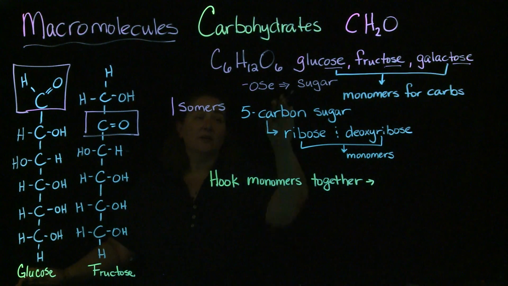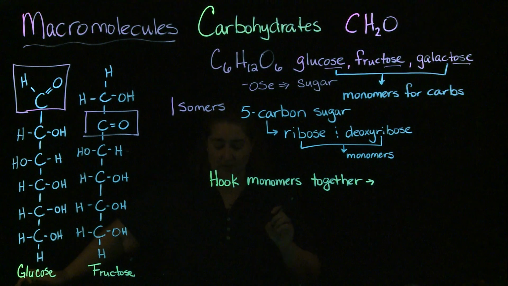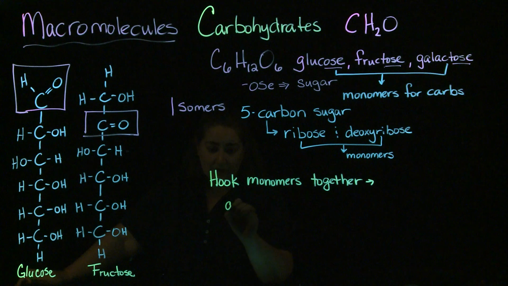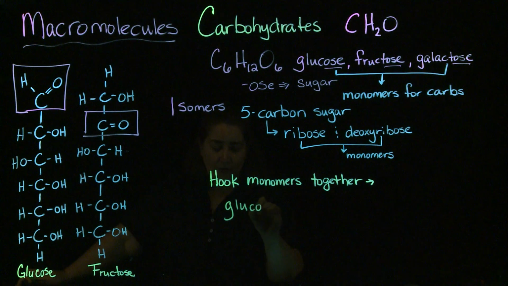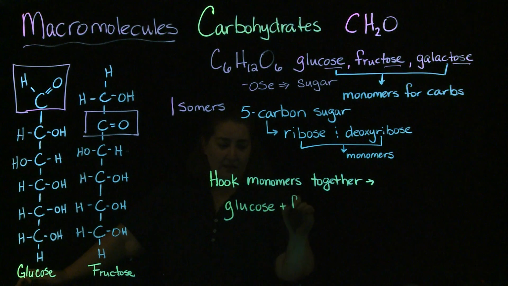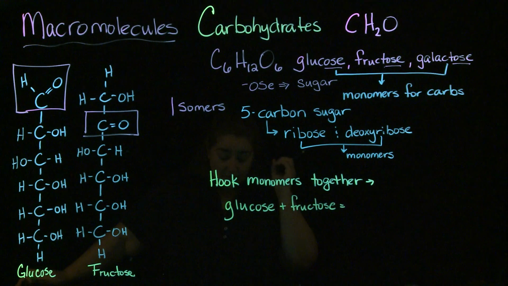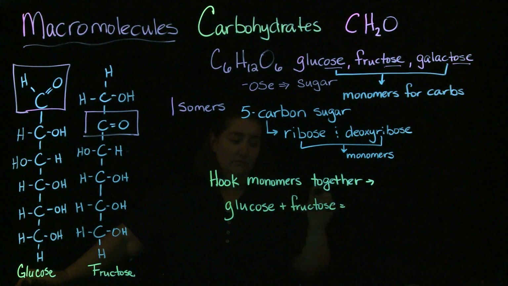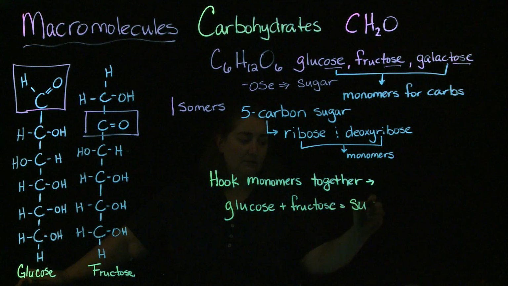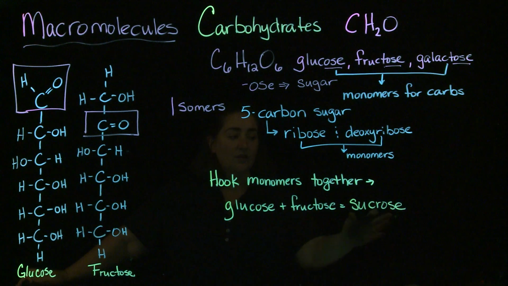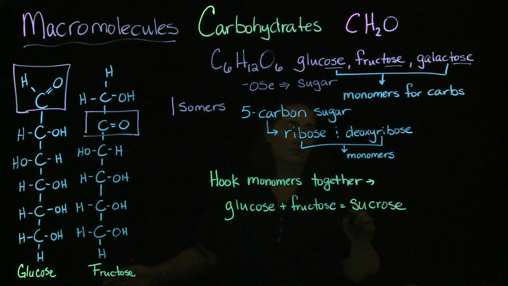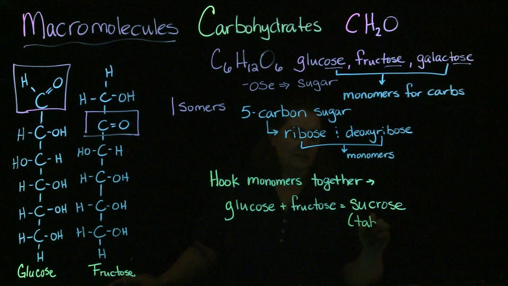In terms of our carbohydrates, if we hook together glucose and fructose, what we are going to make out of that is sucrose. Sucrose is table sugar.